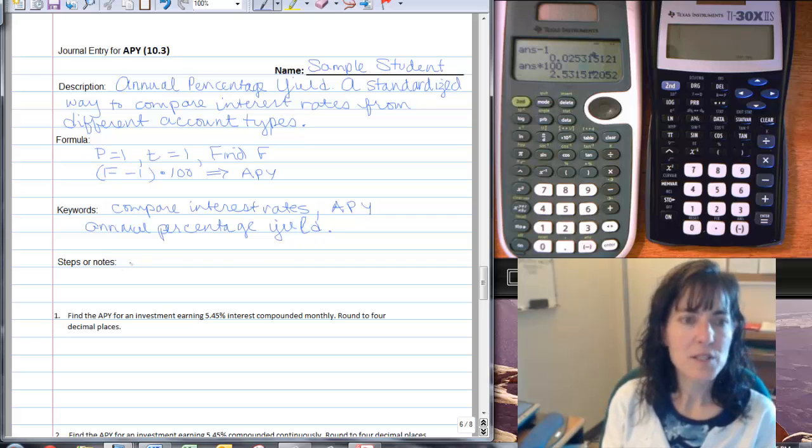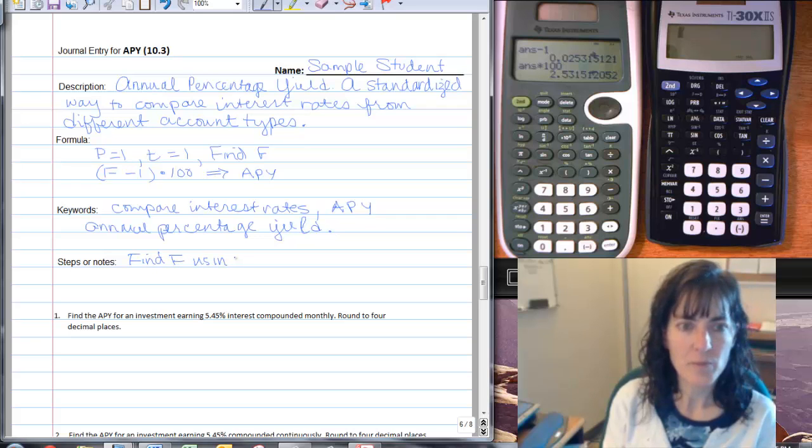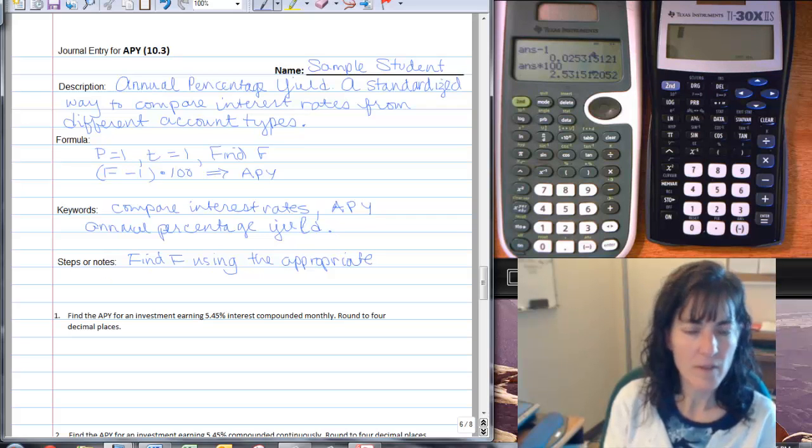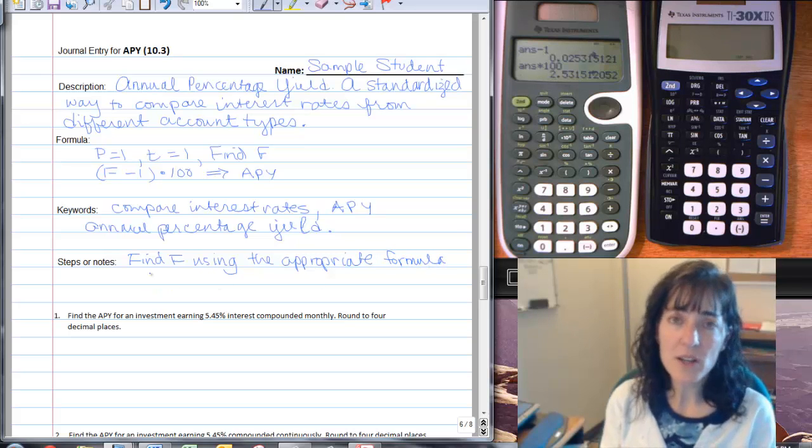Steps or notes: find F using the appropriate formula. And we saw examples with compound interest and continuously compounded interest, but you could also use it with simple interest.